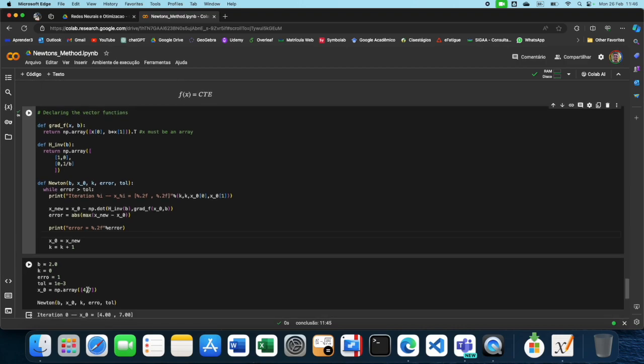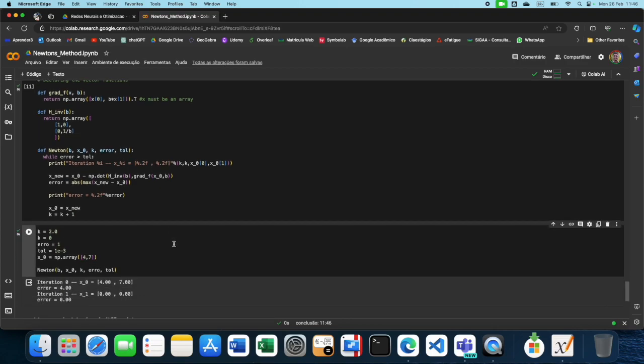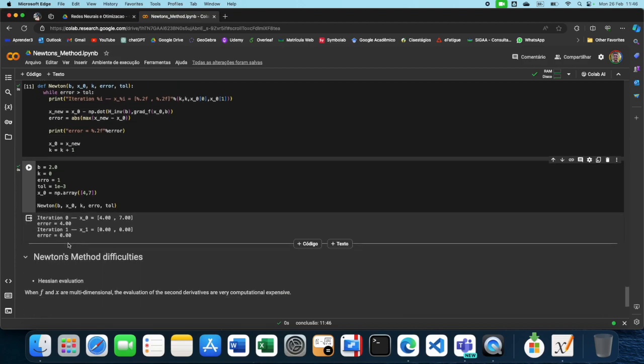I started from the point 4 and 7. Let's see how it looks. So here, in just 2 iterations, Newton's method found the right point, the point 0, 0.